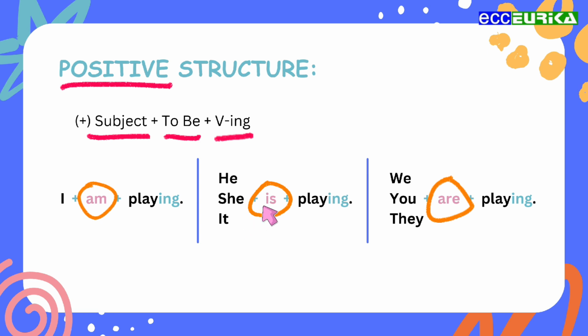And for subject we, you, and they, and for plural subject, you can use are for to be. For example, I am playing, he is playing, they are playing.